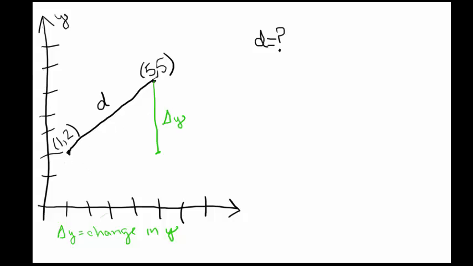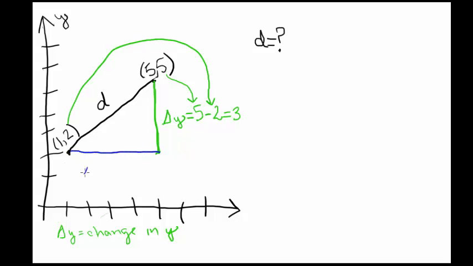So what is our change in y? Well, we've got a y of 5 here, and a y of 2 here. So the difference between them is 3. Our difference in the y direction here is 3.